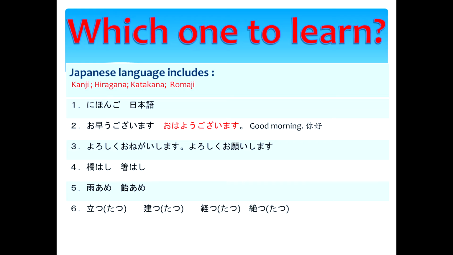Okay, so if I'm just learning Japanese as a hobby, I love anime, I love watching Japanese movies, I just love the language and how it sounds, and I want to learn spoken Japanese, then you can just learn hiragana.